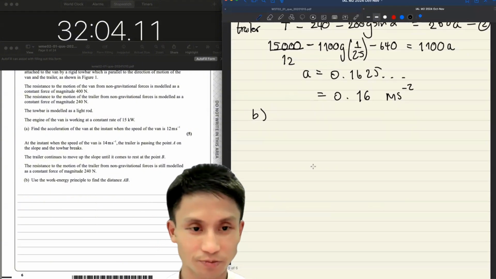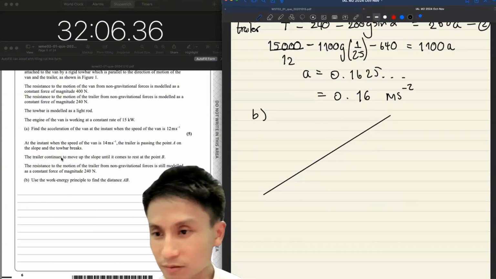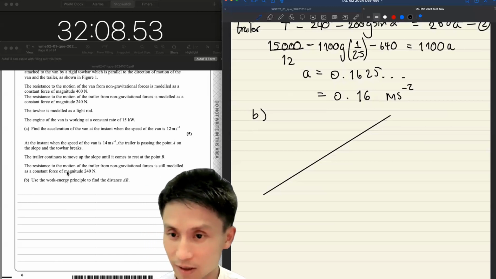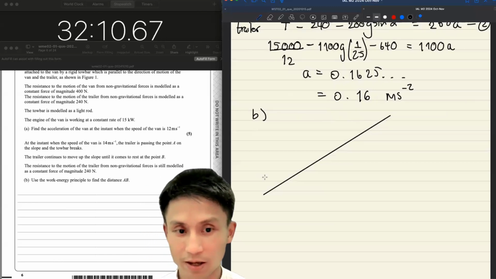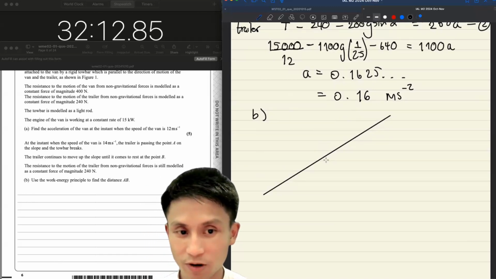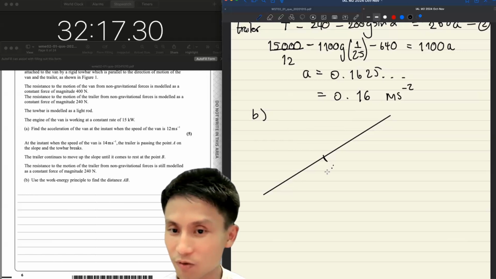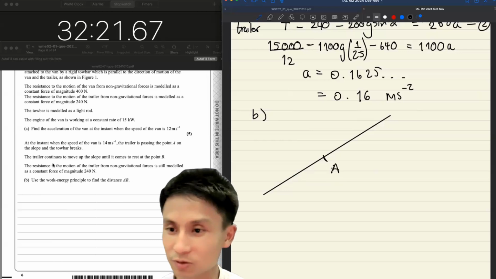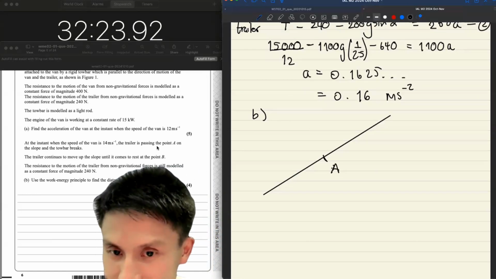All right, so we have a ramp again. So this is the break point, maybe. Point A is when the thing breaks.